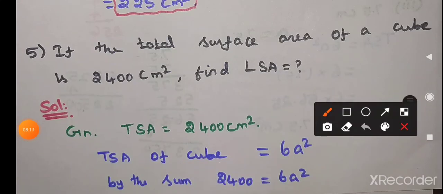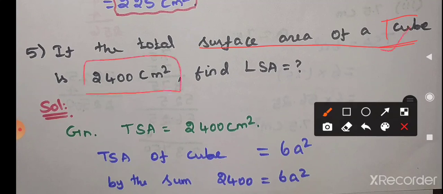Next sum, the fifth sum. This is very important: we have to find out whether it is a cube or a cuboid. The two formulas are different, so we have to carefully find out cube or cuboid. Here it is a cube. The total surface area is 2400 centimeter square. Find the LSA.